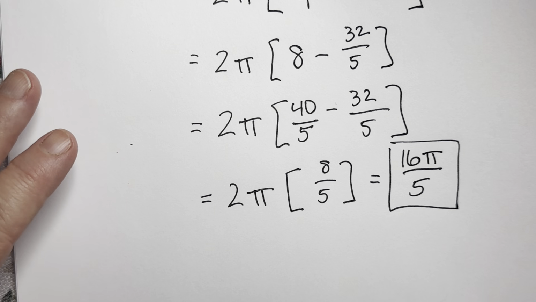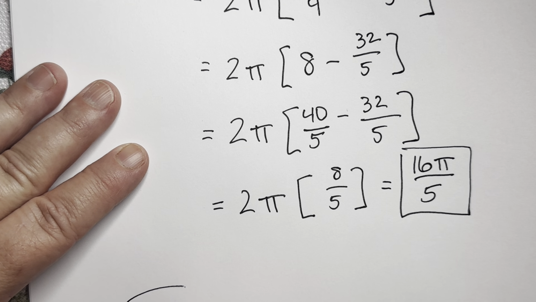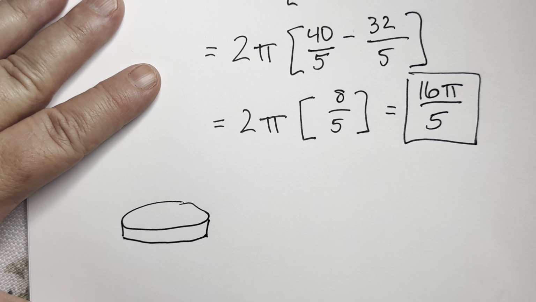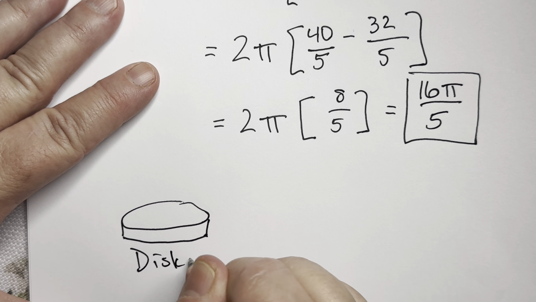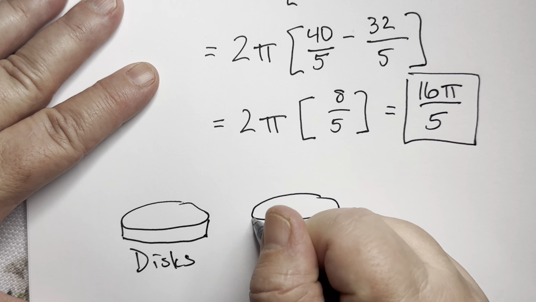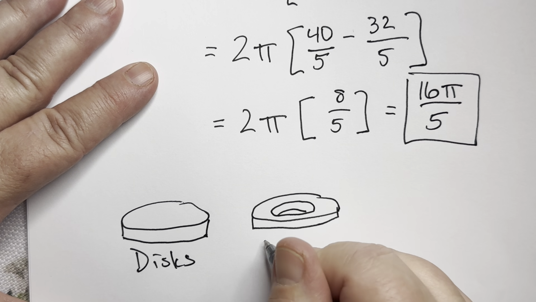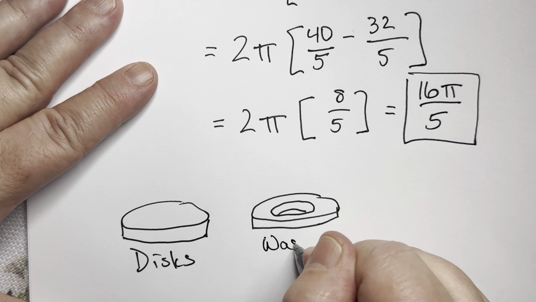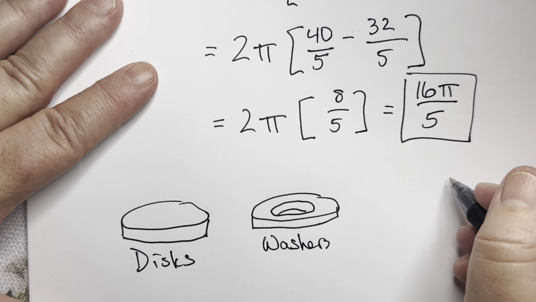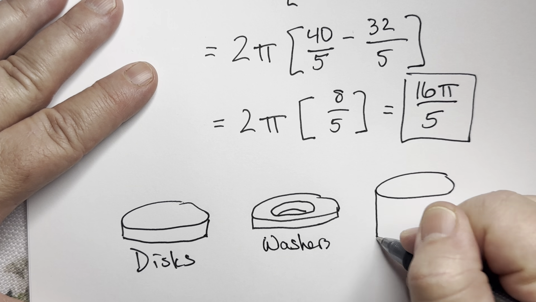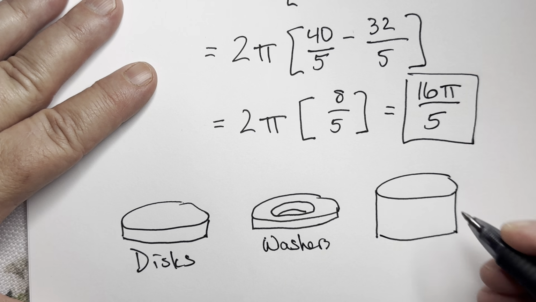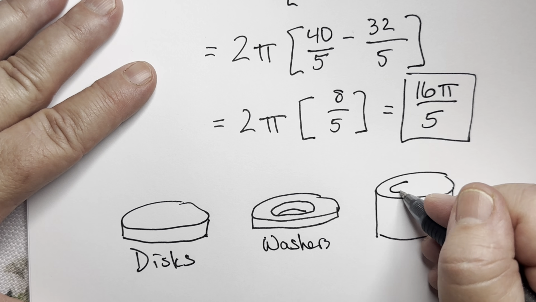So we've got short circles, these are discs. Short circles with holes in them, washers. And then if you go for this one where it's tall circles, which is technically a cylinder.